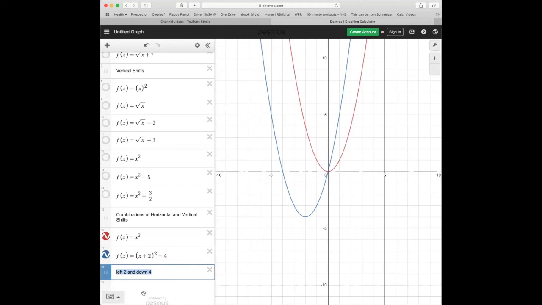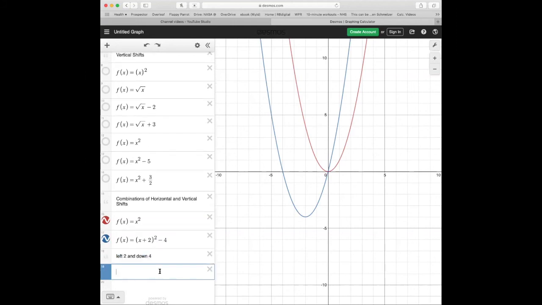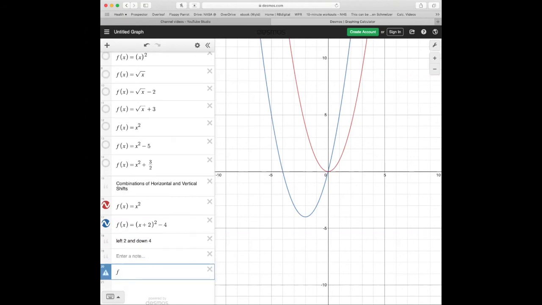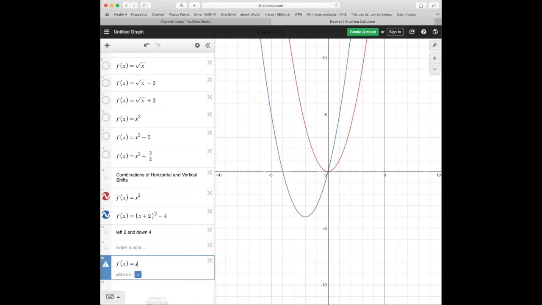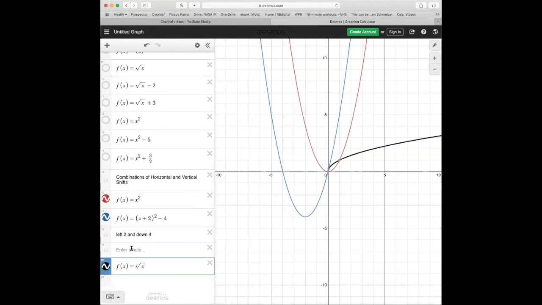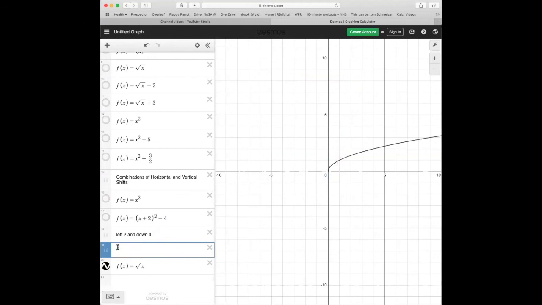Let's try that again. So let's say I want to take our square root function. There's our basic square root function. And let's say we want to move it right 1/2 and up 5.